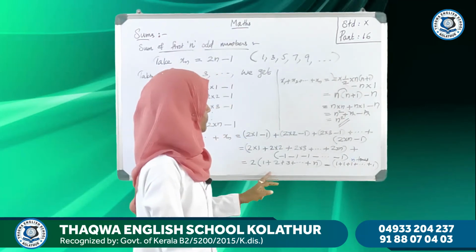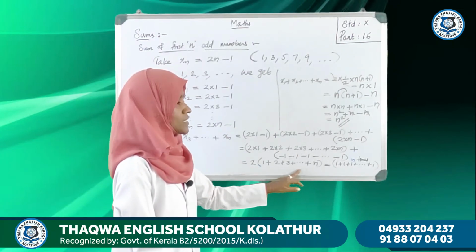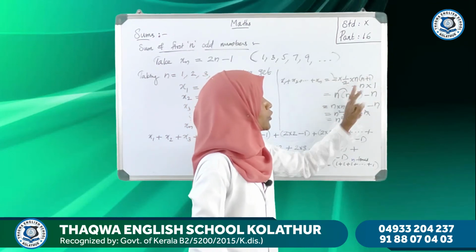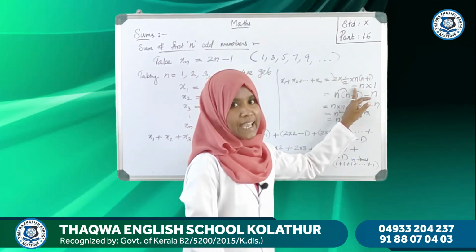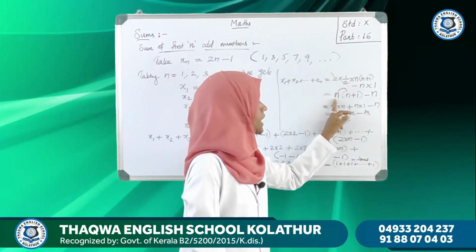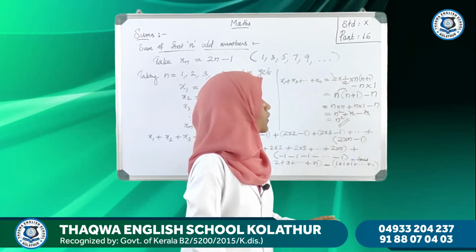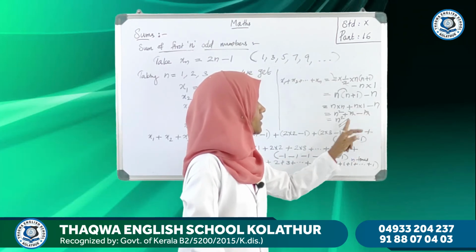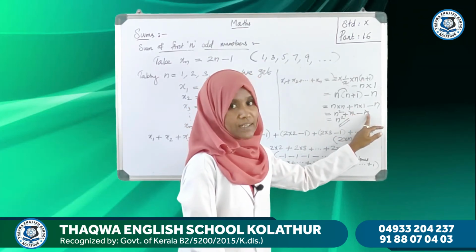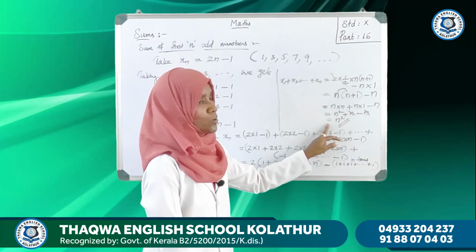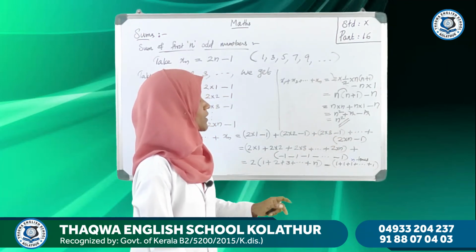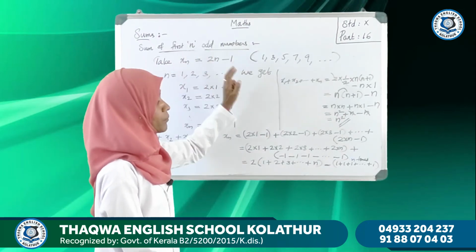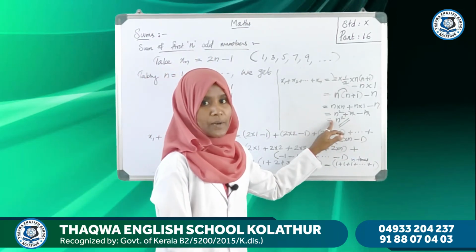That is 2 into, this is the sum of first n natural numbers, half into n plus 1, minus n into 1. That is n into n plus 1 minus 1. Then n square plus n minus n. Then n and minus n is 0. So the last one is n square. So we can say that the sum of first n odd numbers is n square.